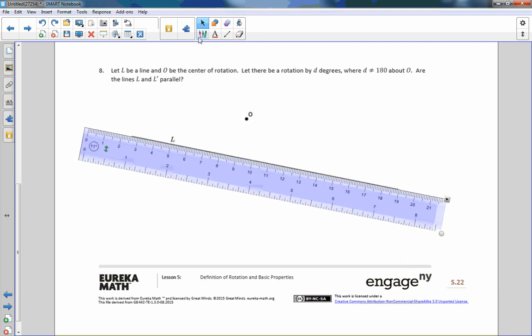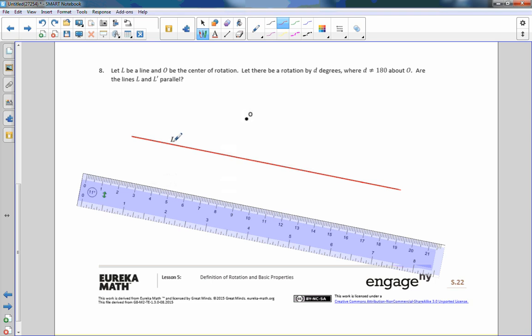So what I'm really doing here when I copy a line with my ruler, I'm creating another line on top of a line so they coincide, they're not parallel. And then here is O.